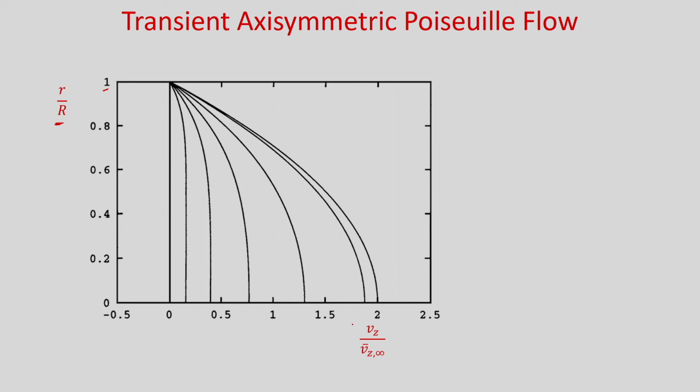So, if you plot, then obviously at t equal to 0 you will get a zero profile, and as t increases you can see how the evolution of this velocity profile happens. Okay. So, in this case t is increasing. And obviously you can see that at steady state the maximum velocity will become 2 times the average velocity, and you can see this is becoming 2. Okay. So, this is the evolution of this velocity profile with time for this transient axisymmetric Poiseuille flow.